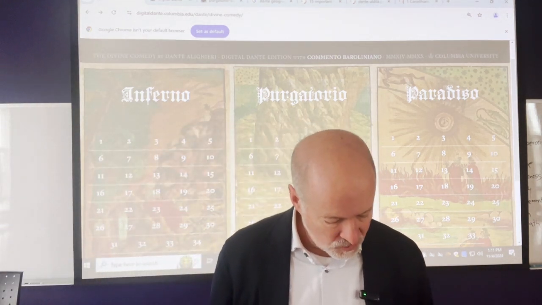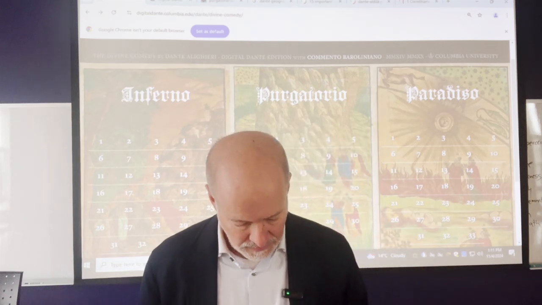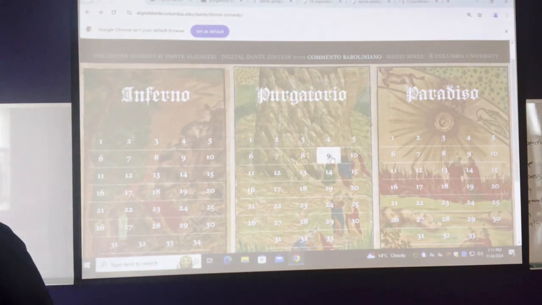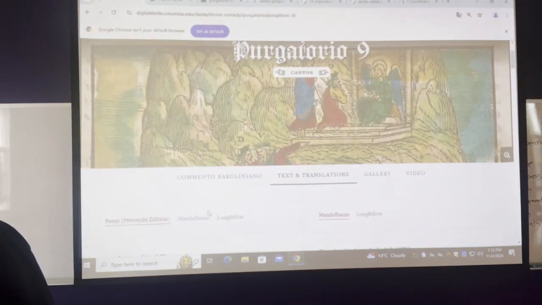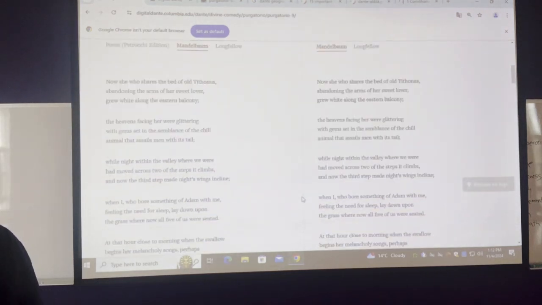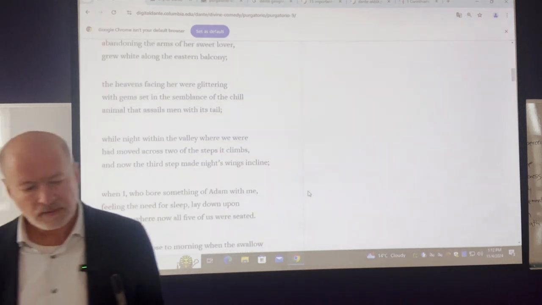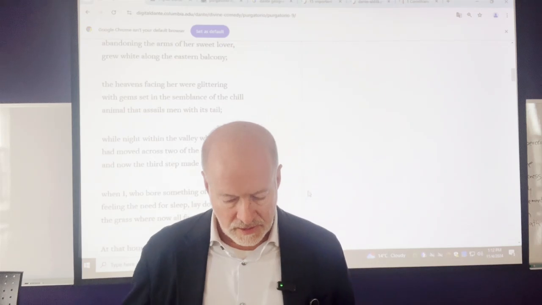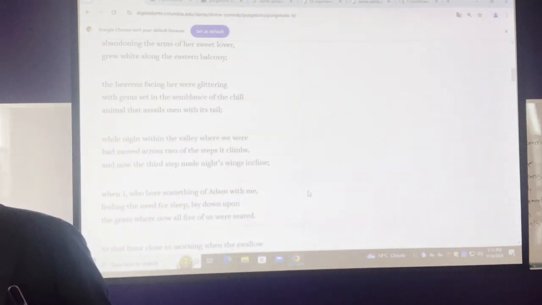As he goes, he will go upward, and I'm going to skip forward to Canto 9. And in the 9th canto, Dante is carried up in a dream, 19 to 23.